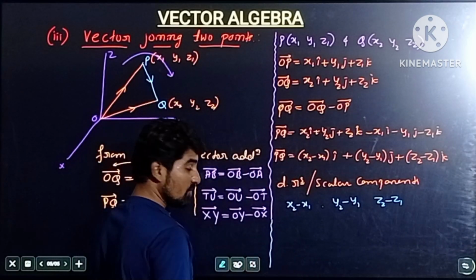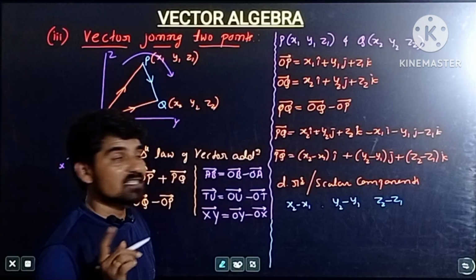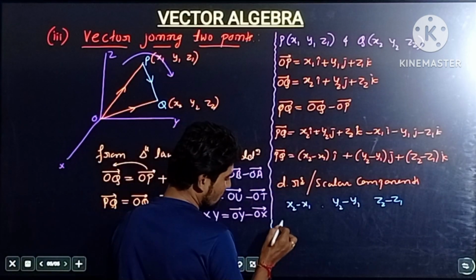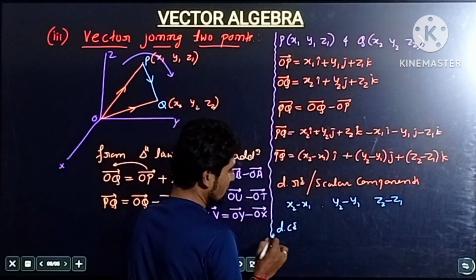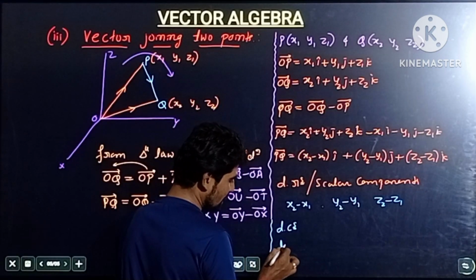And as in my previous video I discussed the direction cosines. The direction cosines of PQ vector are denoted by l, m, n.